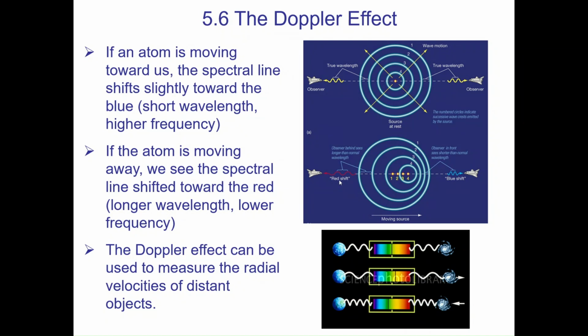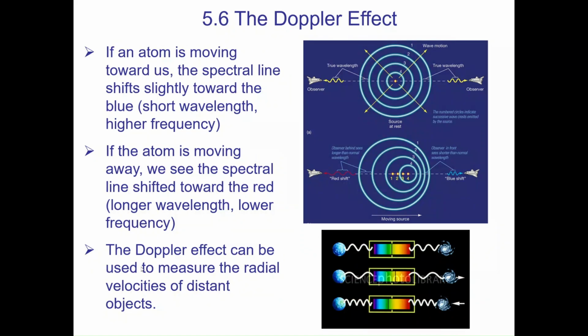And how much it shifts to lower or higher frequency actually depends on how fast the object is moving. For example, the faster the object is moving towards the observer, the bluer, or even violet, you can observe from the light.